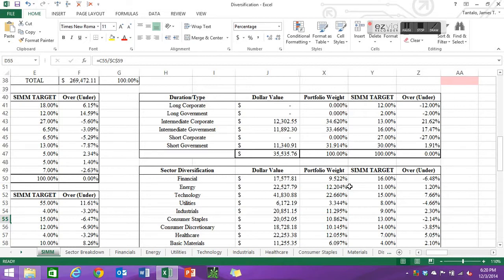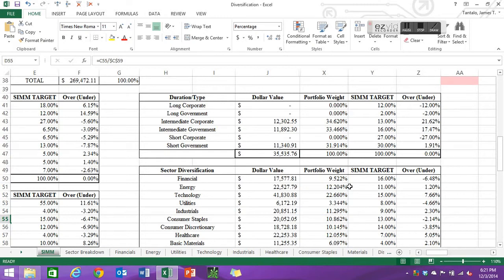And just like there's a size, there's also three different types of durations. There's long, intermediate, and short. Our short corporate bonds are those that are going to be maturing the soonest. Our intermediate bonds are those in between short and long, just like the blend is in between our value and our growth stocks.